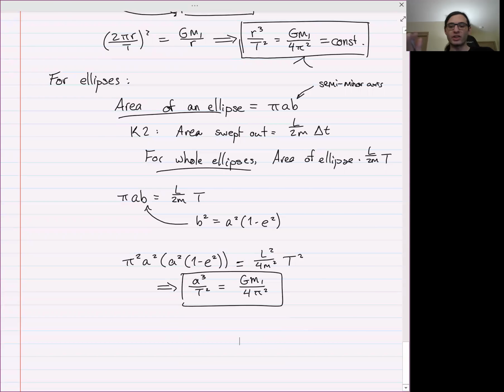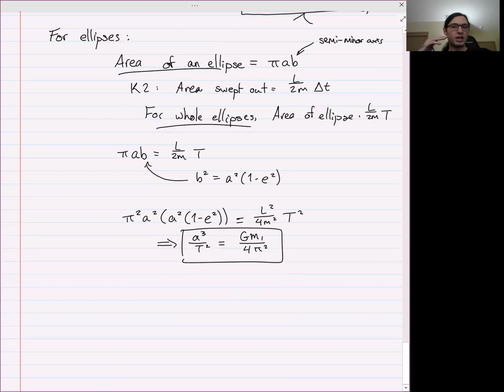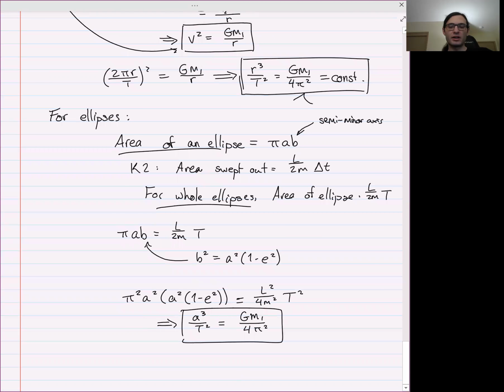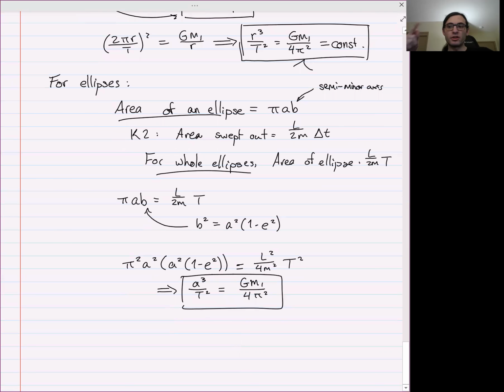Now, just as a quick thing to say, and then we'll be done, we had to use the fact that the orbit was shaped like an ellipse here, right? And in fact, the orbit is only elliptical if it's closed. So we needed to use the fact that Kepler's first law was true in order to derive Kepler's third law.